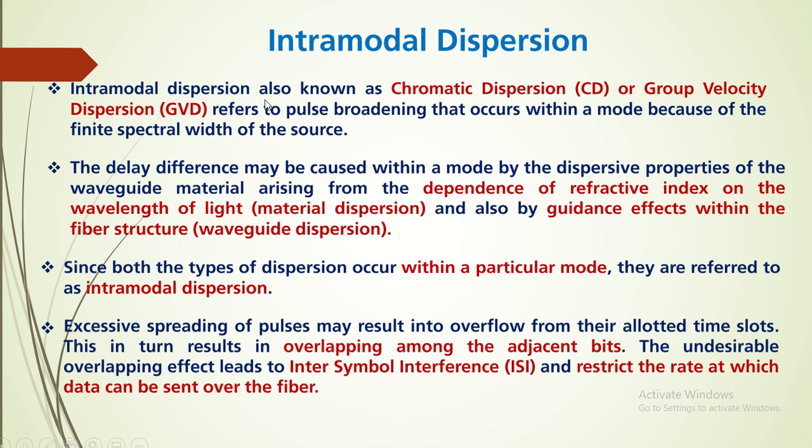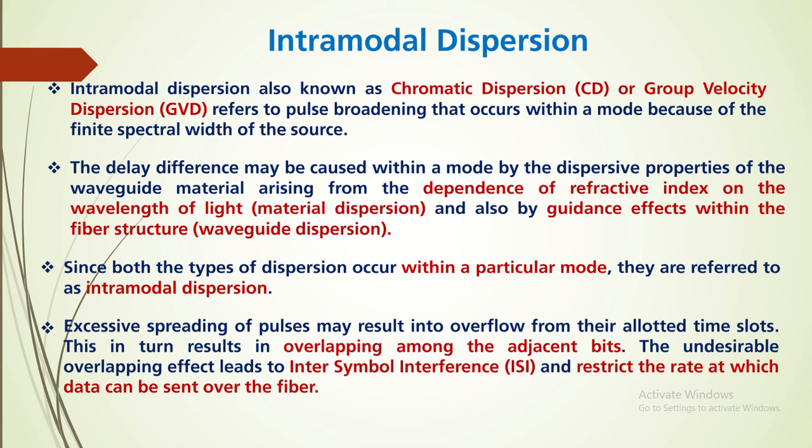Now in detail we are going to see what is intramodal dispersion. Intramodal dispersion, also known as chromatic dispersion or group velocity dispersion, refers to pulse broadening that occurs within a mode because of the finite spectral width of the source.